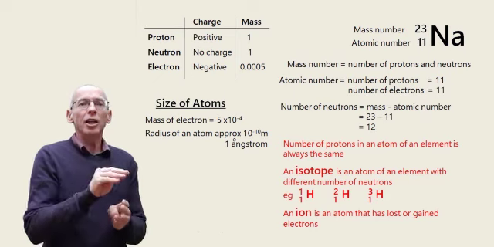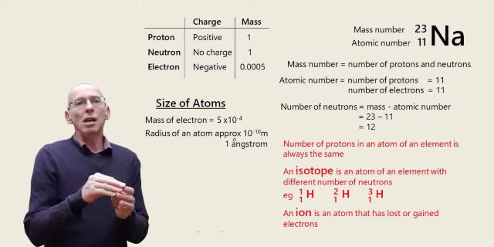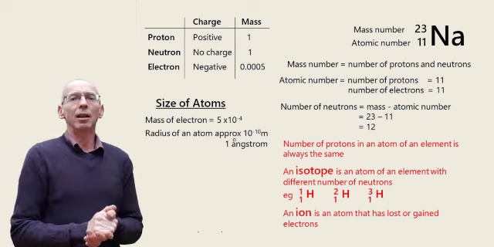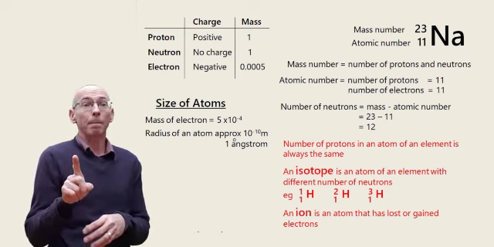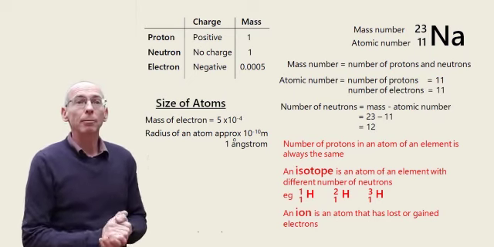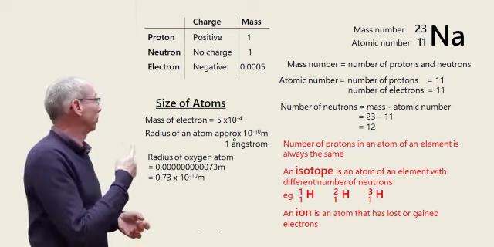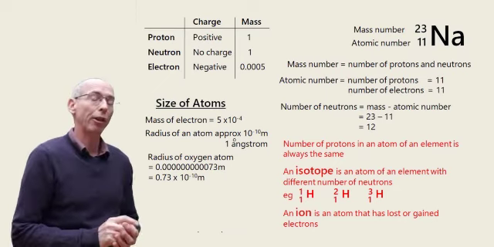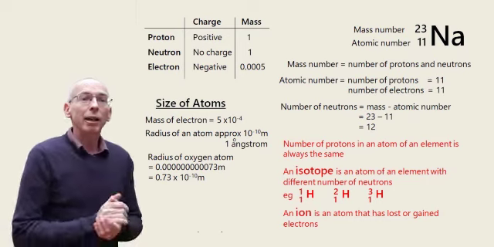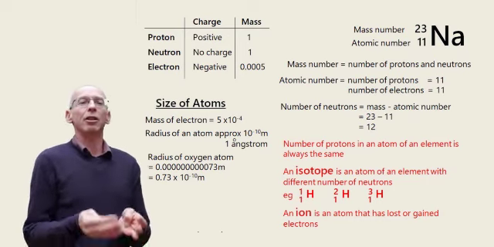Now, the size of an atom, or the radius of an atom, is roughly 10 to the minus 10. It's often referred to as 1 angstrom. And if you take, for example, the radius of an oxygen atom, well, that number of noughts is 7.3. But if you move the decimal place 10 times to the right, you're left with 0.73 times 10 to the minus 10.